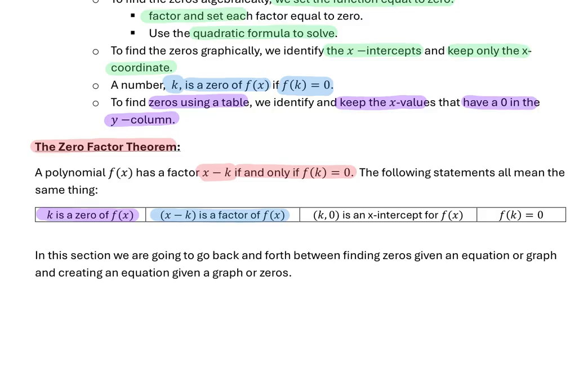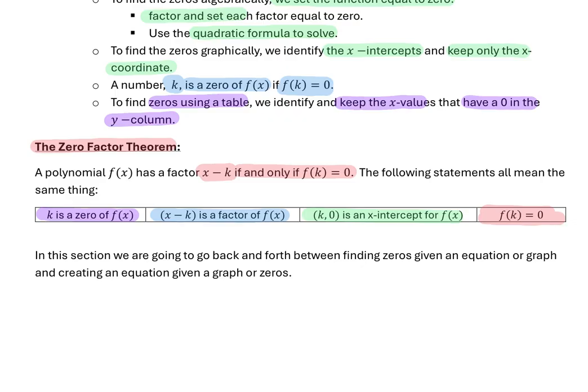This is also the same as saying k comma 0 is an x-intercept for f of x. And finally, f of k is equal to 0. All of these mean the same thing.